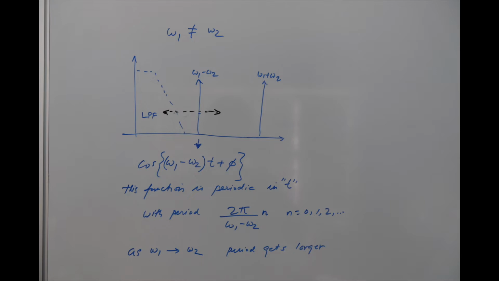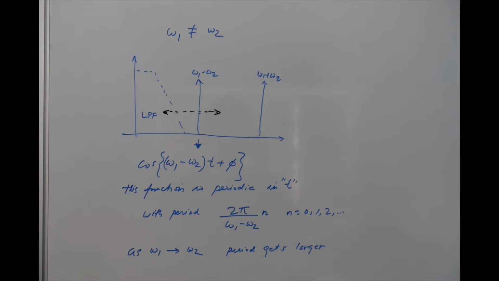So if omega 1 minus omega 2 is a large number, that means the frequencies are far apart. If you look at the figure on top, you see a frequency domain representation of the signals. Omega 1 minus omega 2 is a vertical line, and omega 1 plus omega 2 is the summation of the two frequencies.